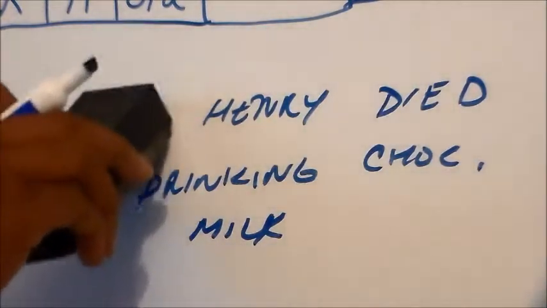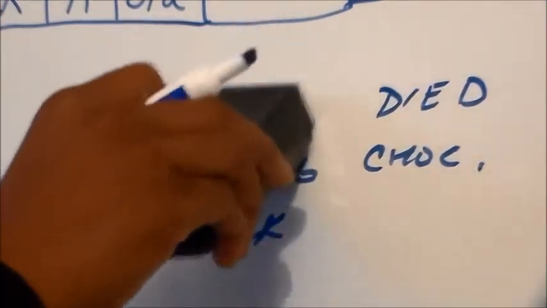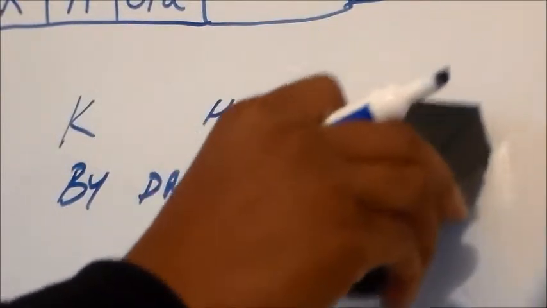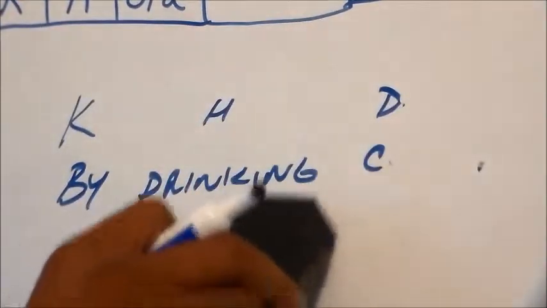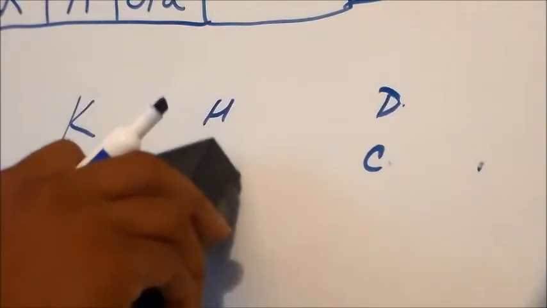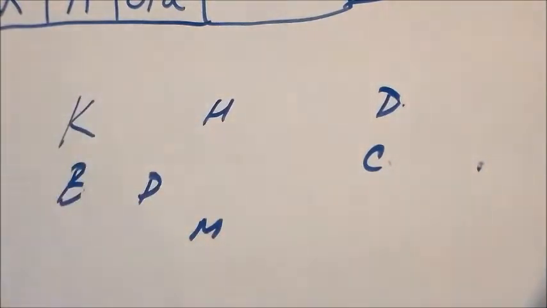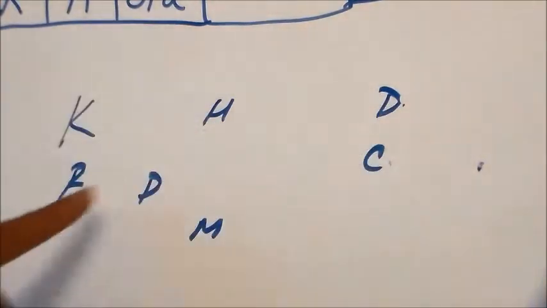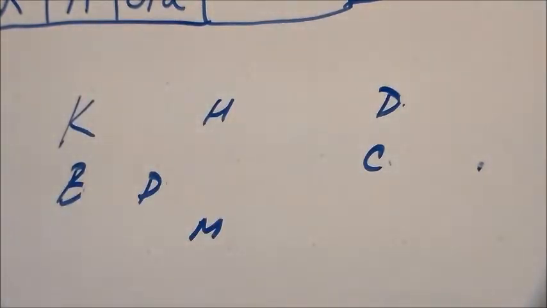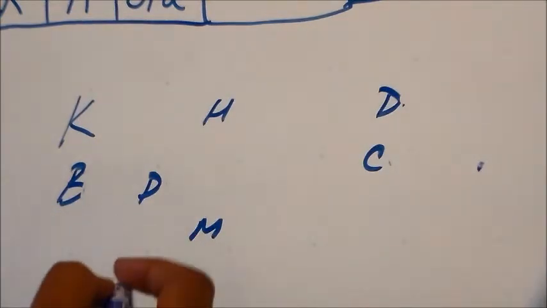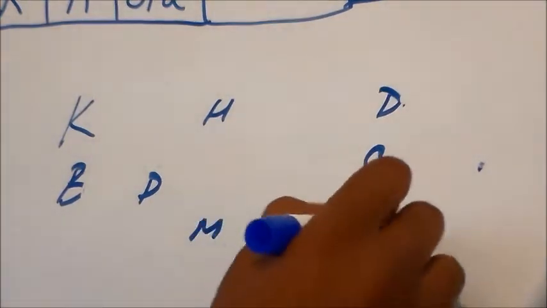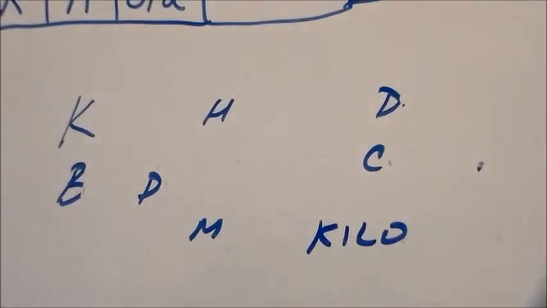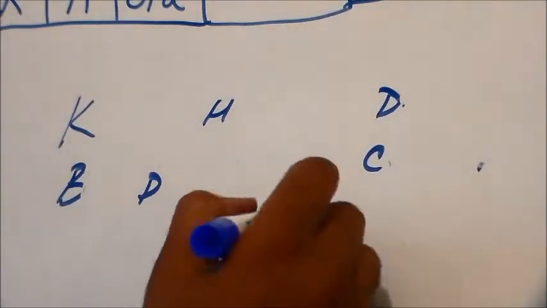And I'm giving you that because if we take away the actual words, this helps us come up with a certain chart. King Henry died by drinking chocolate milk. So, the first one is a kilogram, kiloliter, or kilometer. The H is hecto.